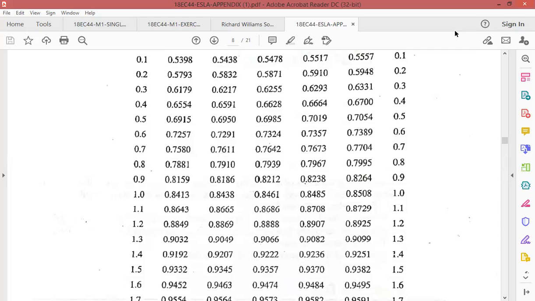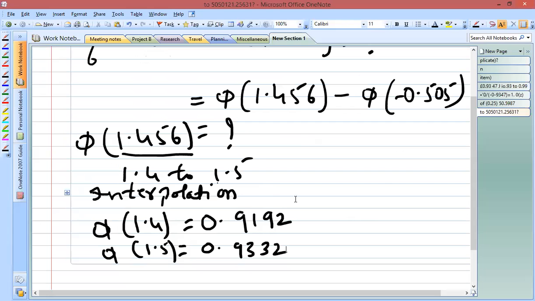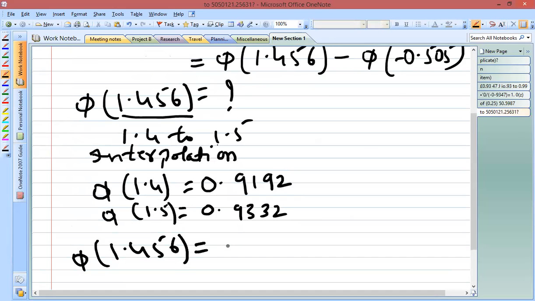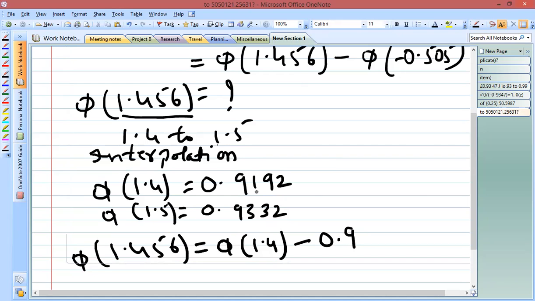Yes. After this, after you have written the values of 1.4 and 1.5, we need phi of 1.456. It can be obtained as phi of 1.4 minus, in both 0.9 is common, tabulate that within the flower bracket, phi of 1.4 minus phi of 1.5.